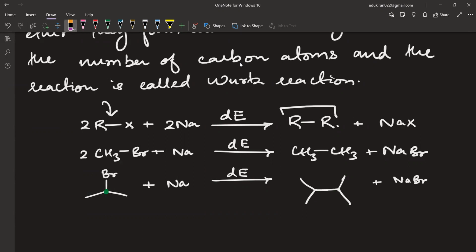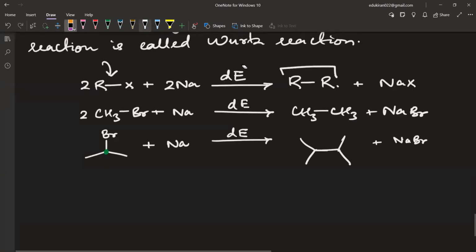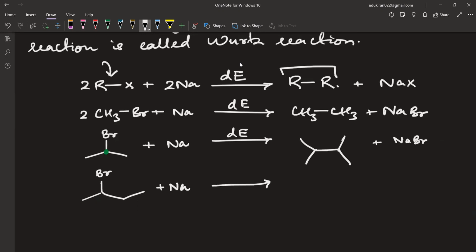Now, let us do another one. Try for this one. Now everyone will know what is the product of Wood's reaction. The number of carbon atoms is doubled, but how to orient them, that is the main thing here.